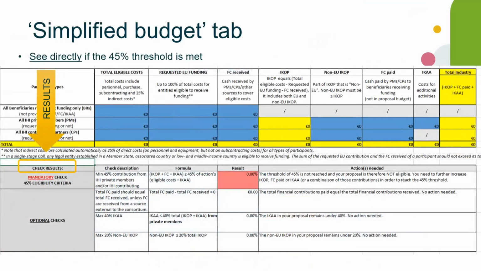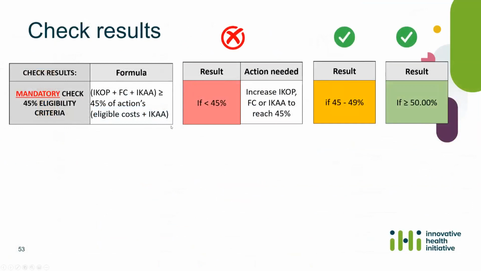You see in this case it's red, so the result is negative. Your proposal is not eligible, but it can also be orange. Orange is when you reach a percentage between 45% and 49%. So it's good. Your proposal is eligible.